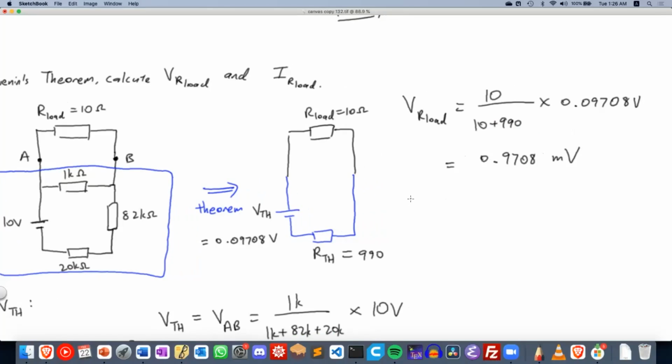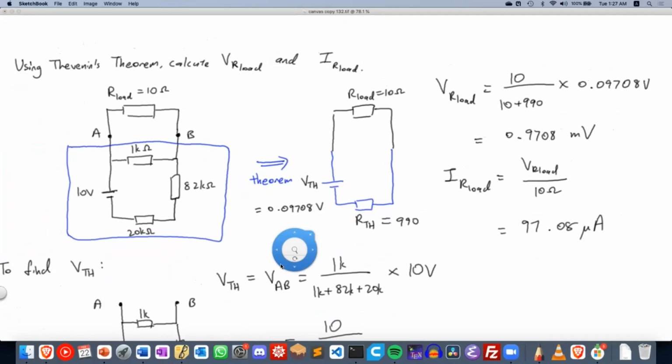To calculate the current through our load, we take the voltage of the R load and divide it by the resistance, 10 ohms, and that's going to give us 97.08 microamperes. So that's how you solve this question using Thevenin's theorem.